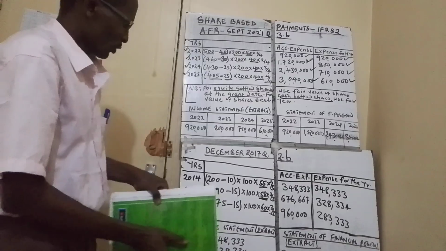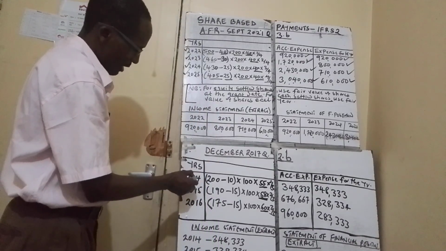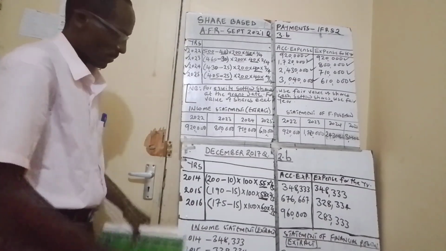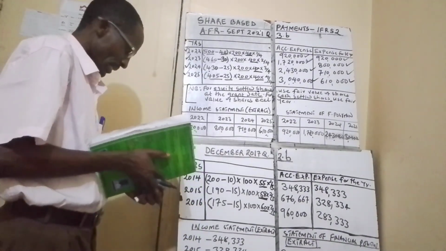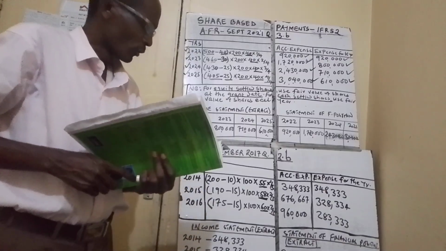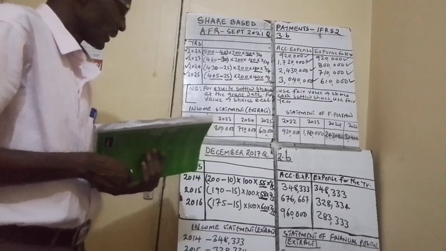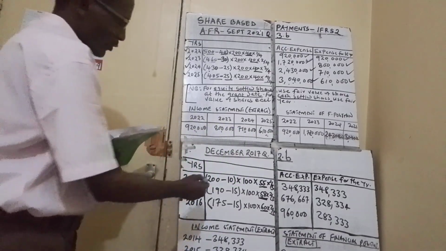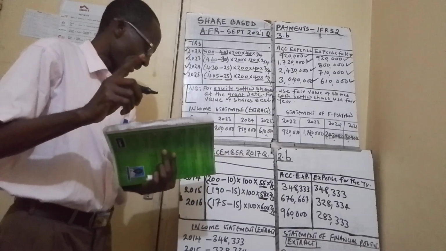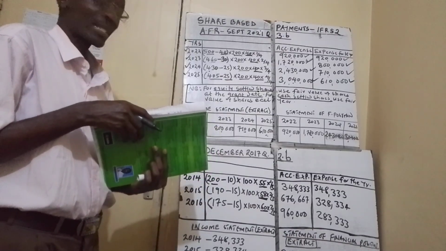So you go to here, and we have the same format. You have 2014, 2015, and 2016. So how many employees were there? We are told on 1st January 2014, R Limited promised to pay its 200 employees. So there are 200 employees. In that particular year, 10 of them are expected to leave.